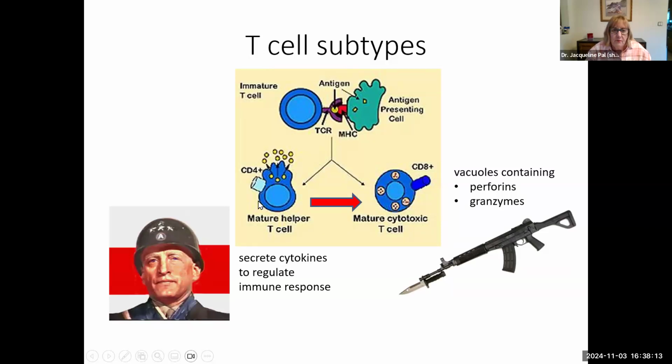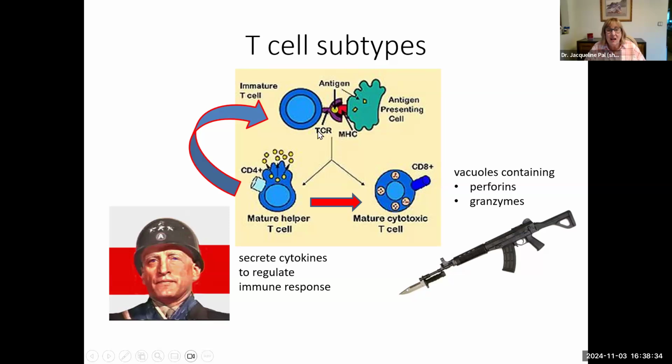Other things that cytokines are going to do is they're going to go up here to naive T cells and say, make more cytotoxic T cells, make more helper T cells. We need a bigger army of T cells. Turns the burner on.